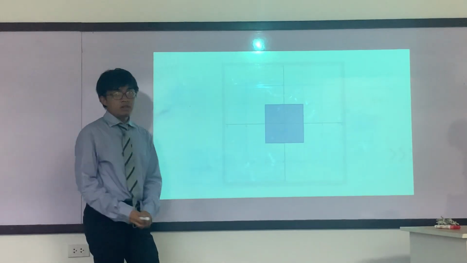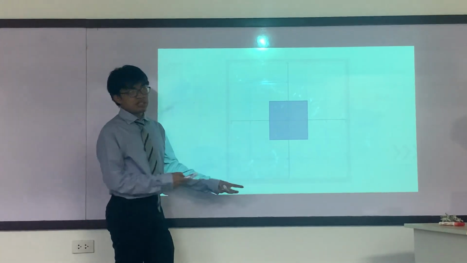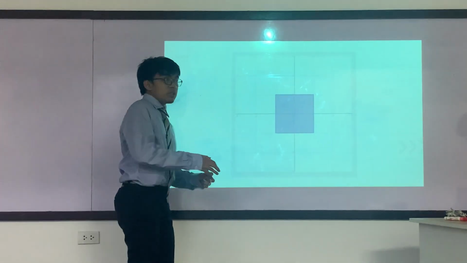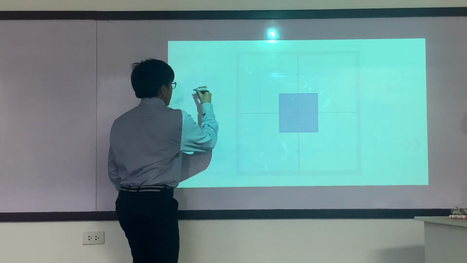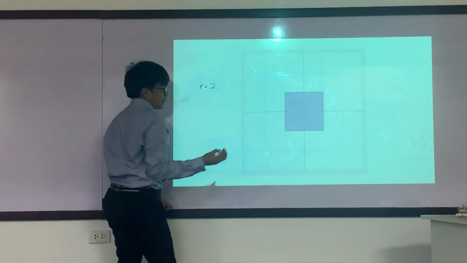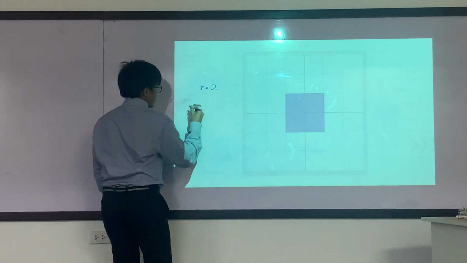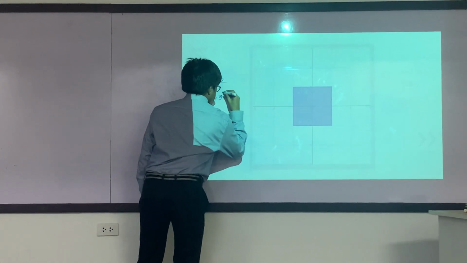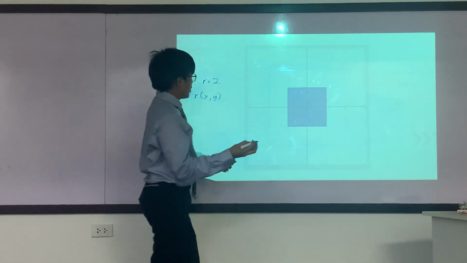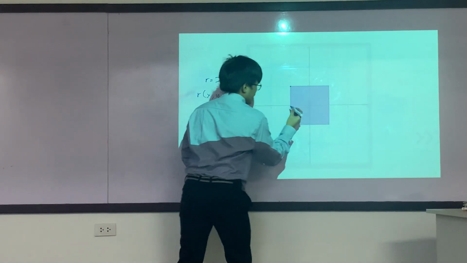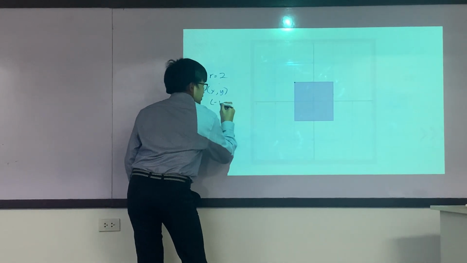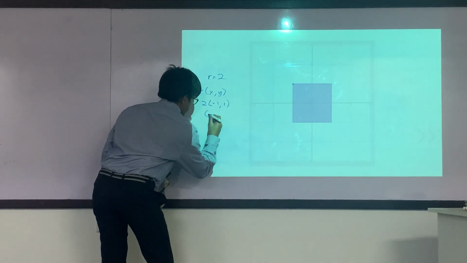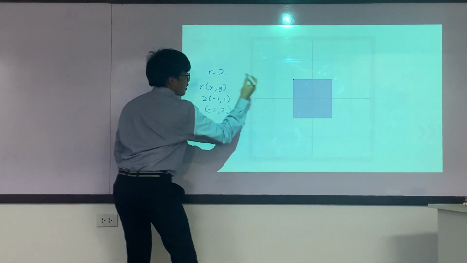For this example, I'm going to use dilation on this square. Specifically, we're going to enlarge this square by a factor of 2. We're going to do that by using this formula, r times x and y. So let's take this point, which is -1 and 1, and multiply both of those by 2, so we get -2 and 2.